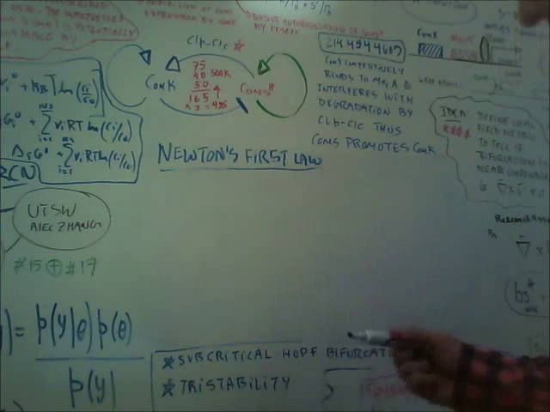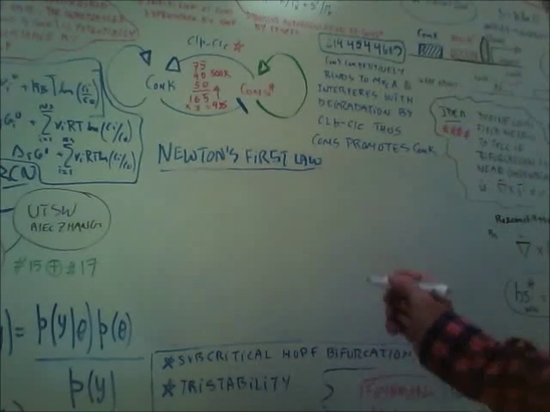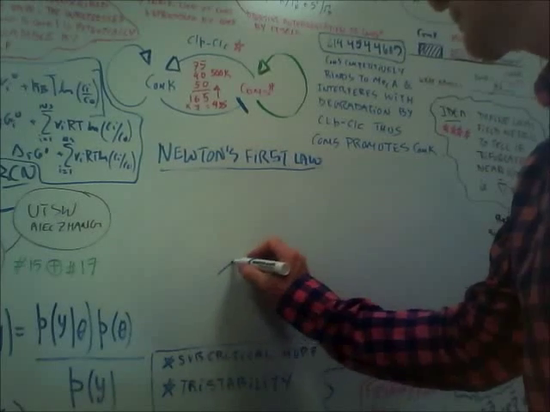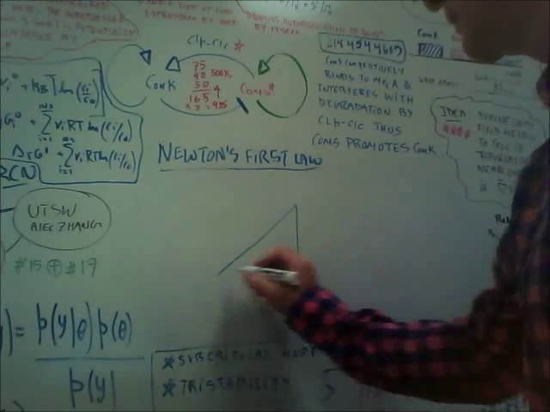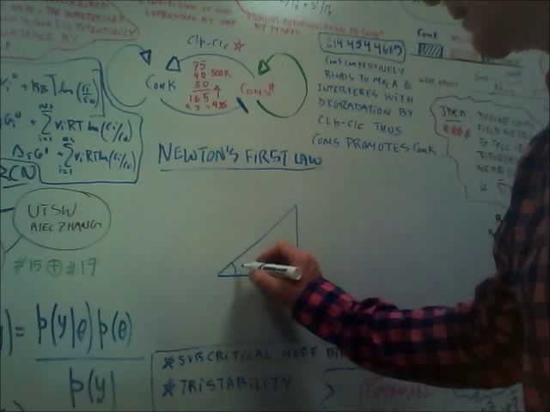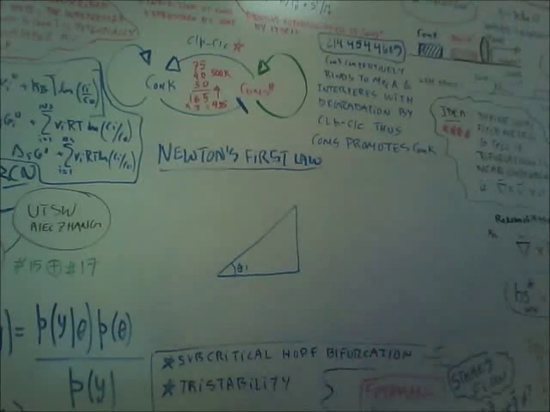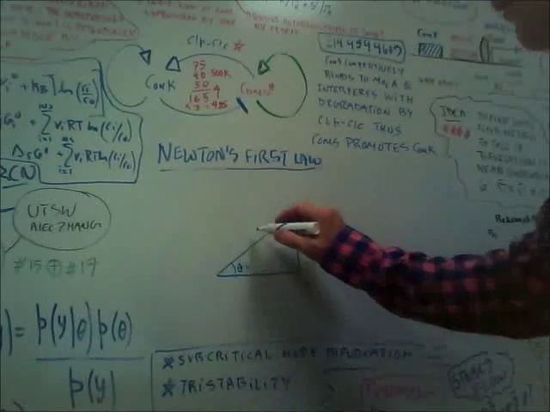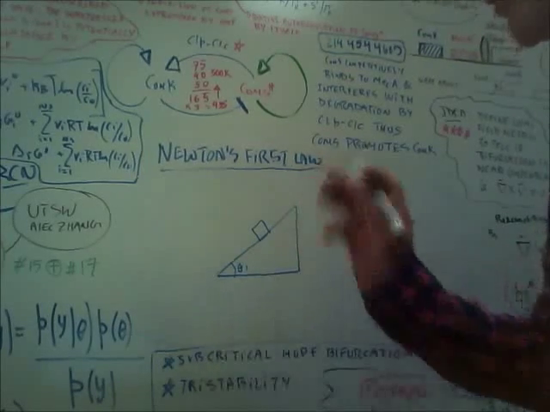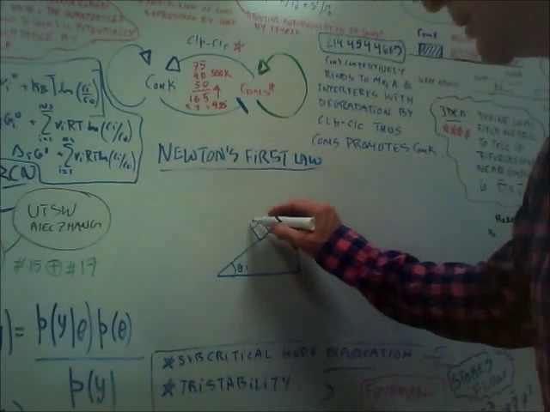Okay, now I want to talk about a situation that's a little bit more complicated to illustrate some finer points. So consider a situation where there's an incline. And this incline is at an angle theta 1 from the horizontal. And consider the case where there is, for now, to make it a little simpler, no friction.